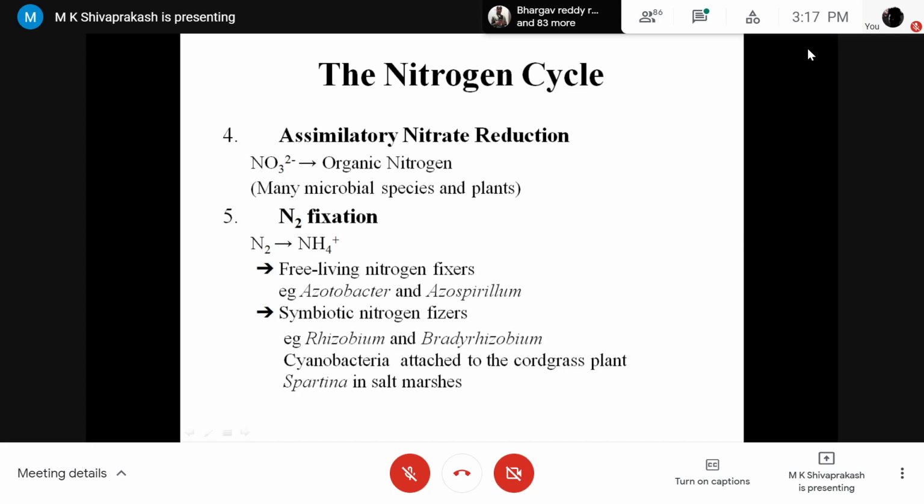In the previous classes we have dealt with isolation, purification, and preservation of microorganisms, followed by the staining techniques in microbiology, the different kinds of stains and staining techniques that are followed. The next thing is biochemical reactions.